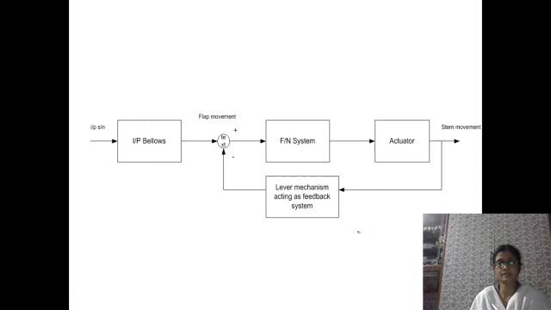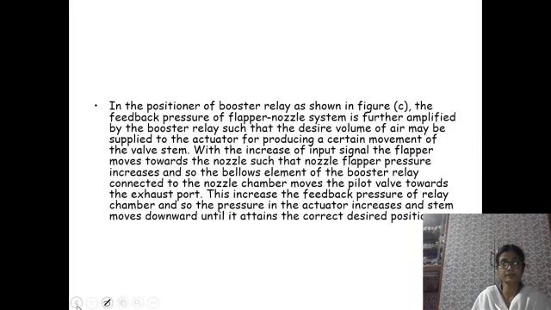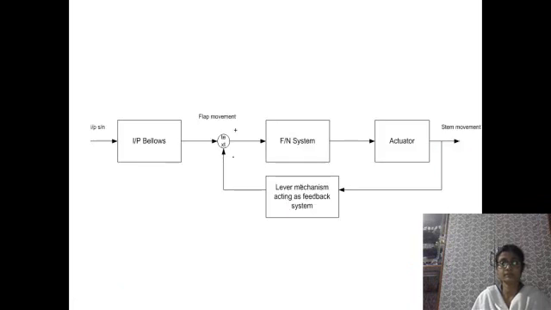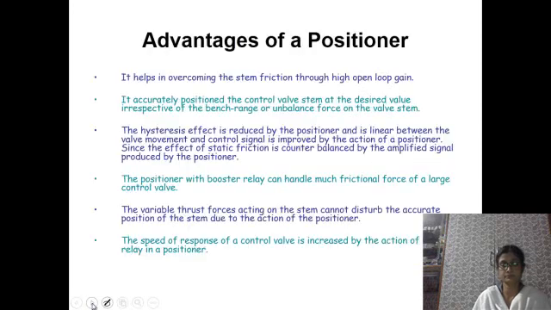So this is just a feedback element. This is the positioning system. Along with this is the flapper nozzle, that is the controller. This is the actuator, and the stem movement is with the booster relay, and this is the positioner. The positioner acts as a feedback element.